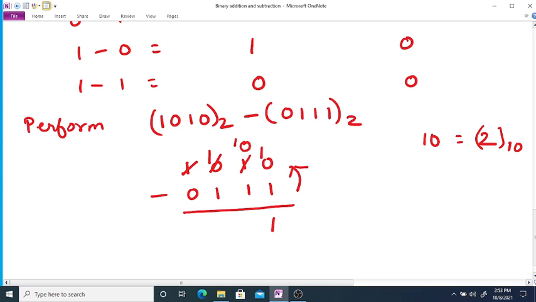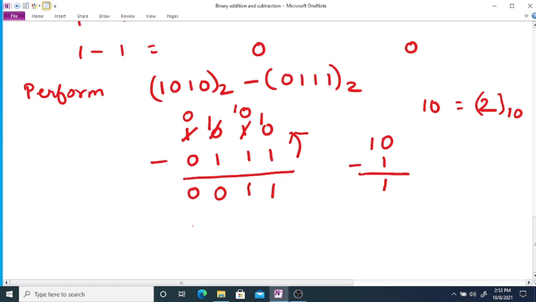So here we will get 10 minus 1 will give us 1. As we know that 10 minus 1 will give us 1. So again here we have remainder as 1. So 1 minus 1 will give us 0, and here we have taken a borrow, so here remainder will be 0. So 0 minus 0 will give us 0.